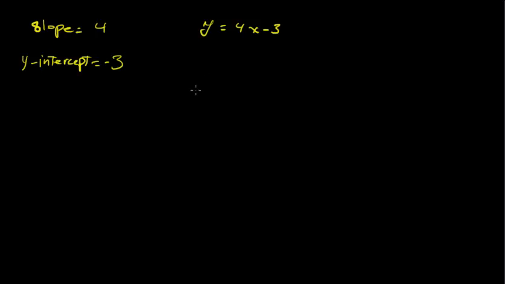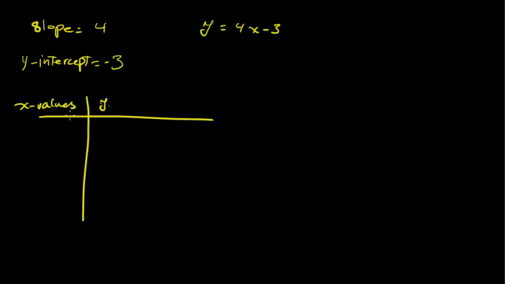So we start with the same process we have done in the previous example. We start by drawing our chart where we can find some x values and then find the corresponding values for y by putting x into the equation y equals 4x minus 3, and then we find the ordered pairs in order to be able to draw the graph for this equation.